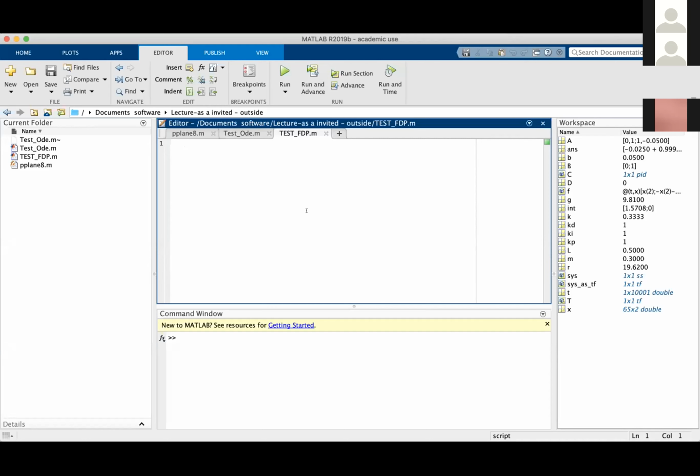Okay. I'll write the code for this state space, from the beginning. clc, to clear my screen. I'll also clear all. And I'll define the system parameters.